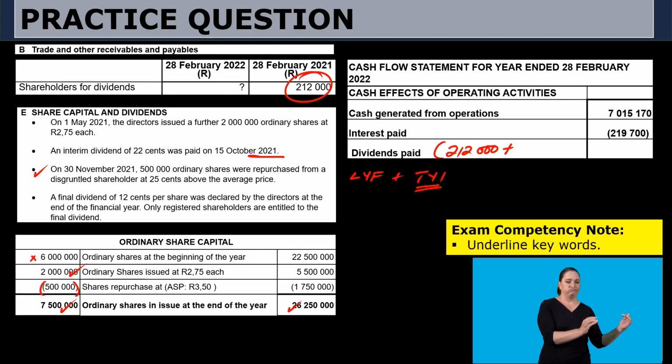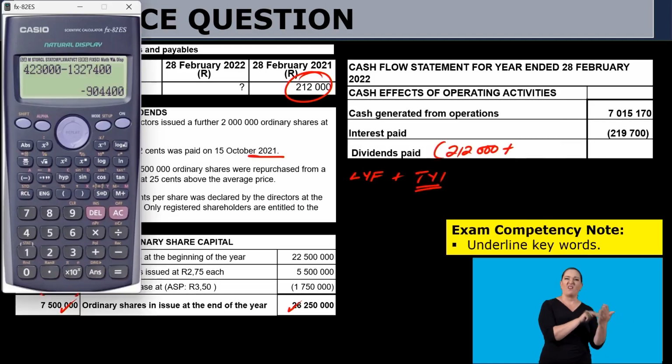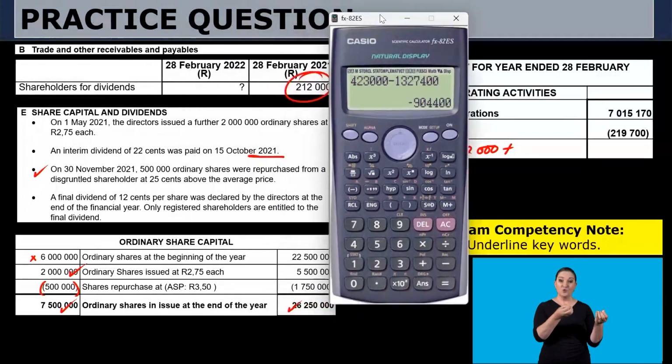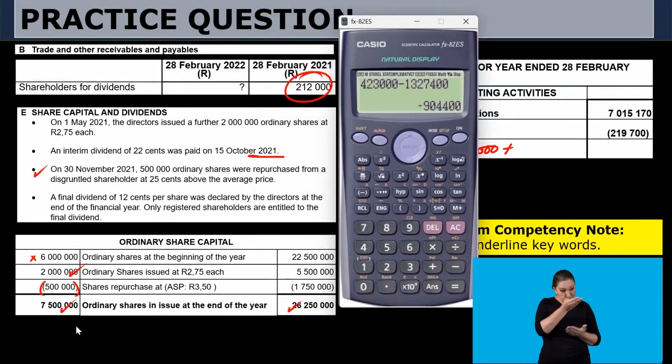Now, you can now come to your calculator and you now say on your calculator, remember, you are given the number of shares at the bottom, which is the 7.5 million that was given in your answer book. So you start from there doing the bottom up calculation where you say 7.5 million shares. You're going up. So the number of shares that were repurchased, that 500,000, you're going to add it back.